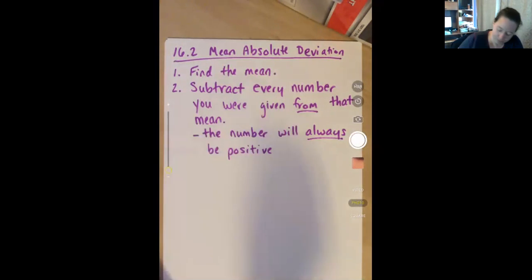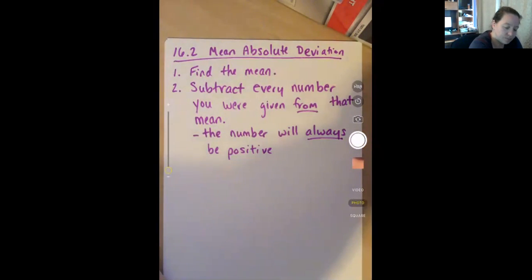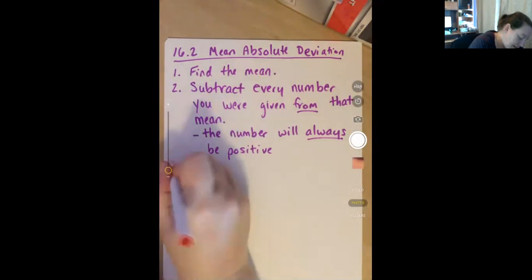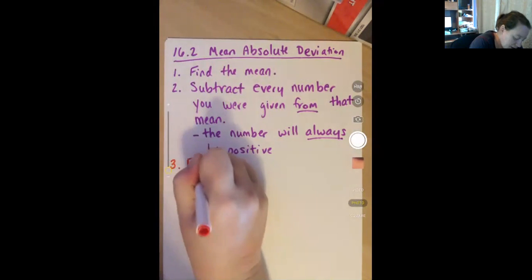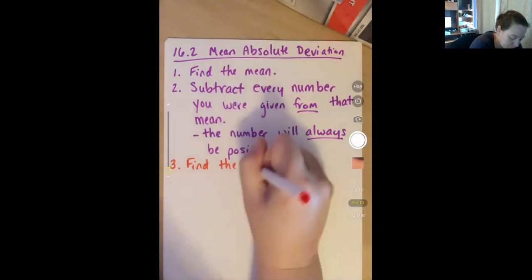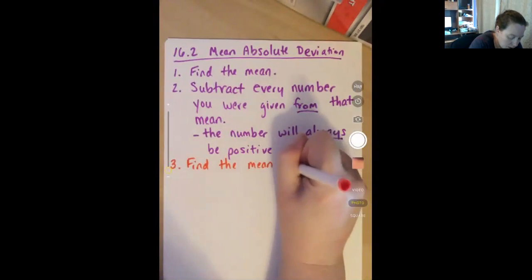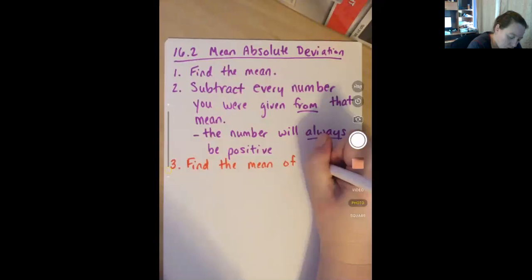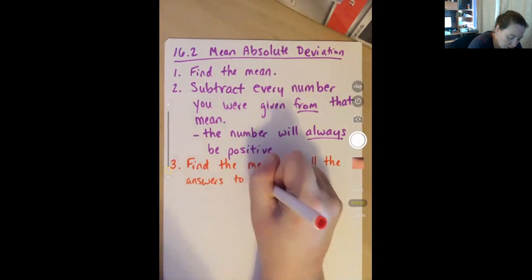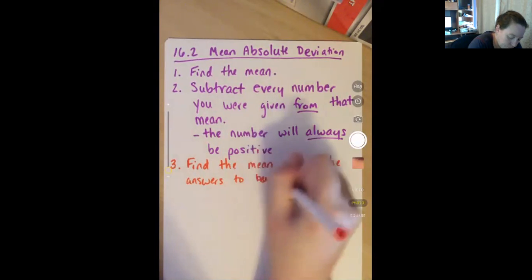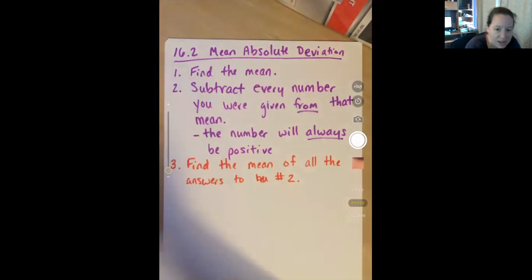Number 3, let me switch to a different color. We're going to get a little lost in here. Number 3, you then find the mean of all the answers to number 2. I know you're going to say, but that's a hashtag, Mrs. Wallace. It was the number sign well before it was a hashtag, okay.